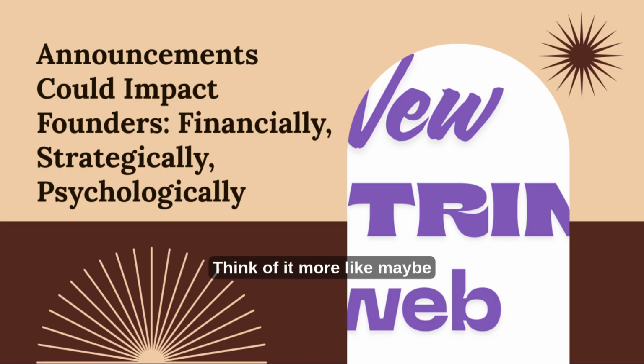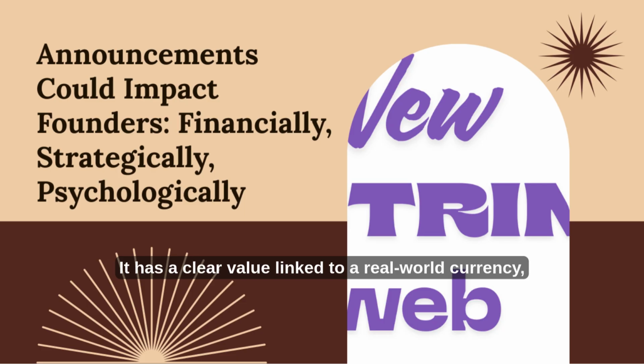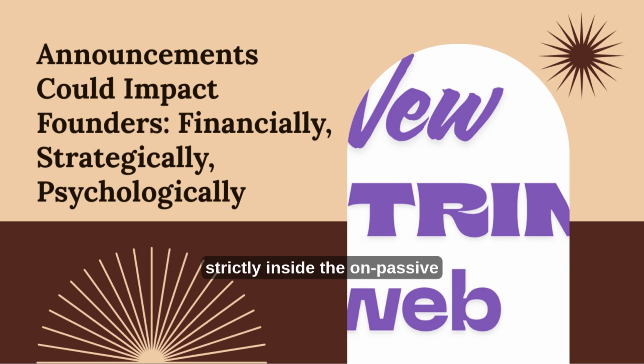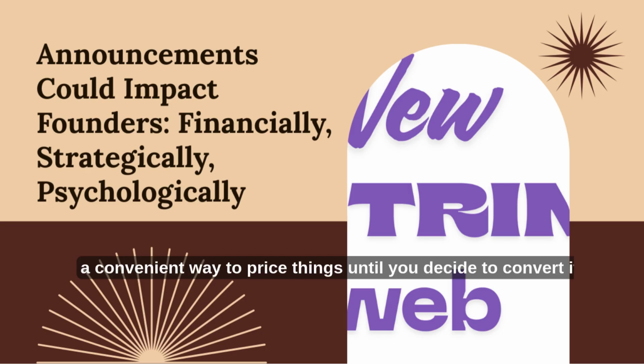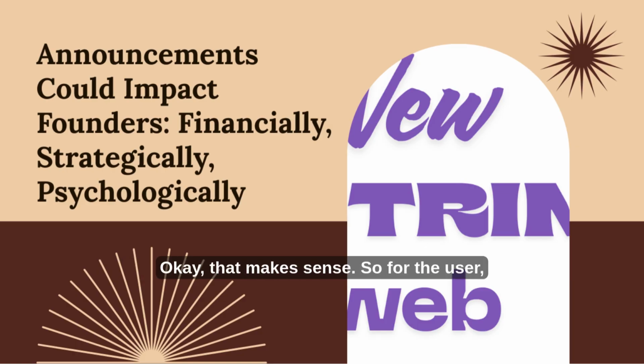Think of it more like airline miles or a store gift card, or even in-game currency. It has a clear value linked to a real-world currency, but it only functions as an internal token, strictly inside the OnPassive ecosystem. It's really a closed-loop system. That USD reference is just a benchmark, a convenient way to price things until you decide to convert it out through their approved process. Okay, that makes sense.